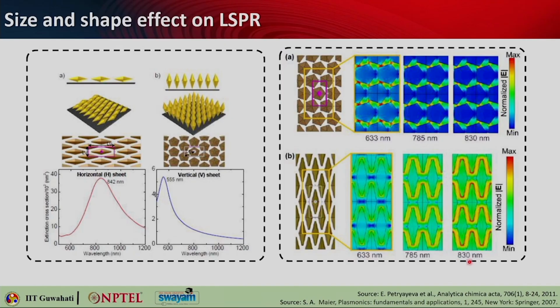So, only when the probing laser is close to that resonance wavelength do you get the strongest hotspots in between the particles. In other cases, these are not that strong. So, always remember, for most effective SERS-based sensing, the LSPR of the nanoparticle must be as close as possible to the excitation laser wavelength.